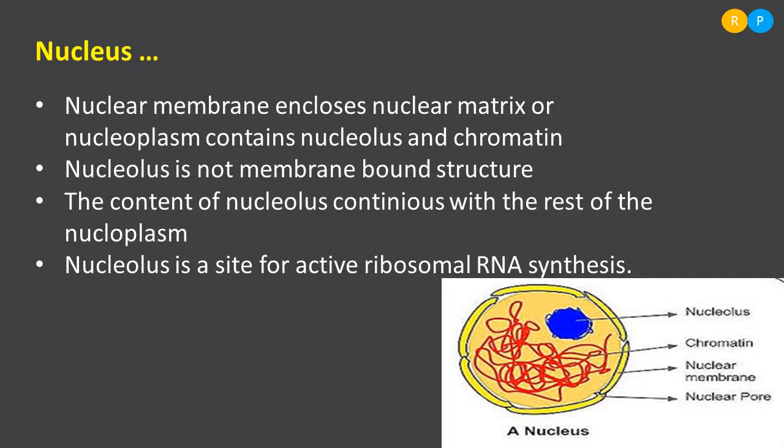And this is the nucleus structure that can be found before the cell division. That means during the interphase stage of the cell, we can find this kind of nucleus. But when the cell enters into cell division, the nuclear membrane disappears.